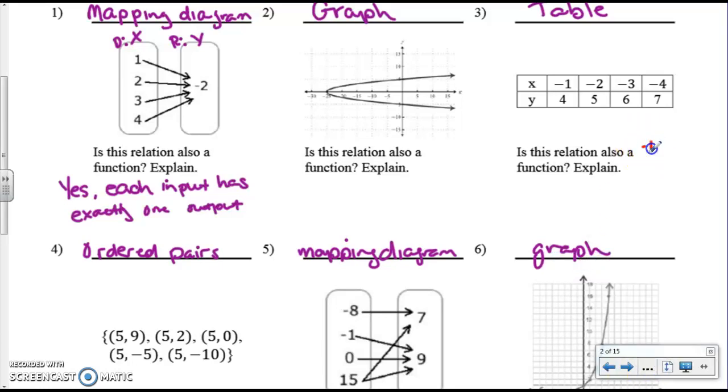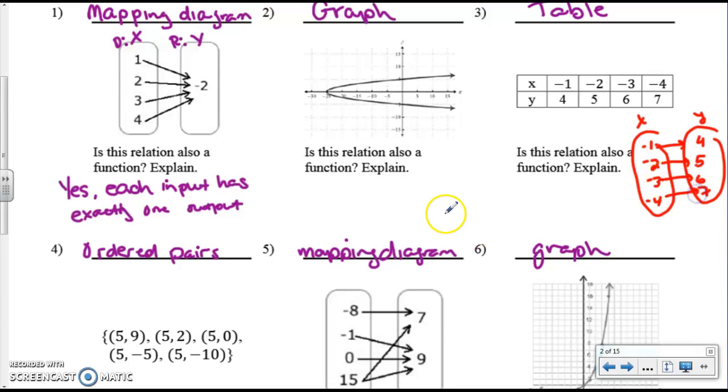Some students actually like to change this to a mapping diagram. So if we have our x's and our y's in our mapping diagram and you draw your arrows in, you'll notice that each x value only has one arrow. So again, yes, this is a function because each input has exactly one output.